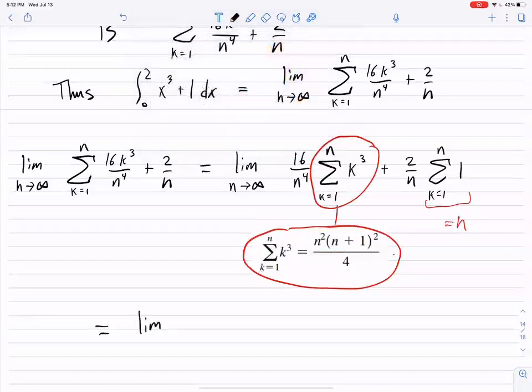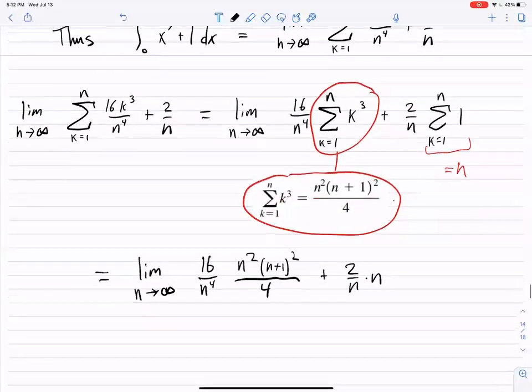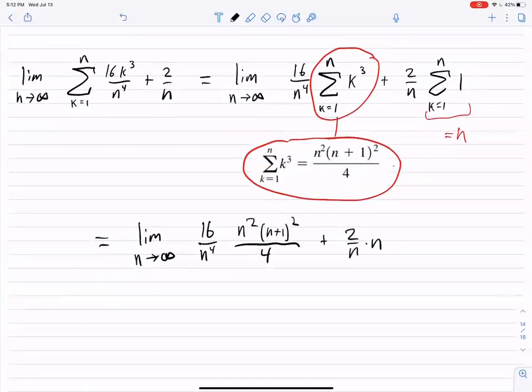So equal to the limit as n approaches infinity of 16 over n to the fourth, and then replacing that with n squared times n plus 1 squared all over 4, and then plus 2 over n times n. And then what will this simplify to? That cancels with that and gives a 4.